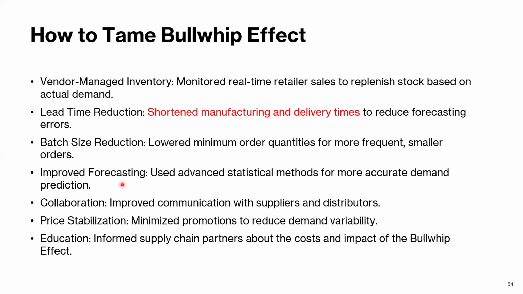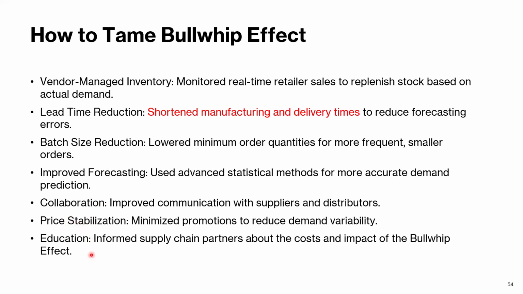Improve forecasting. We can use intelligence systems and machine learning to precisely forecast how much we will need. Collaboration with your suppliers and retailers to get real-time information. And price stabilization is one important method. You don't play with the price all the time.